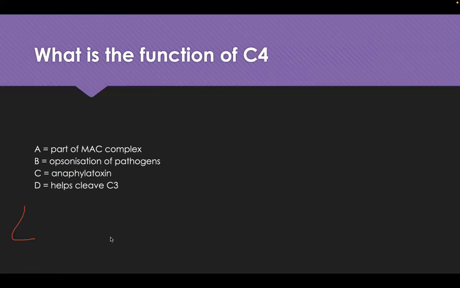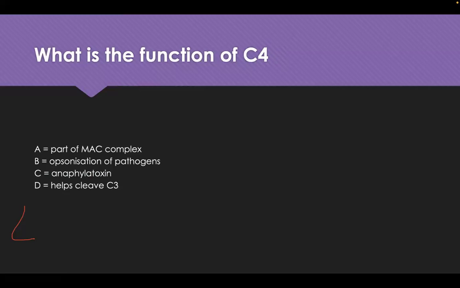I have a quick question. Yes. What is an anaphylatoxin? It's a very good question. So it's just a very small peptide. When you see the C followed by the number, these are peptides and they're generated from this activation. And all they do is specifically activate more of an inflammatory response.